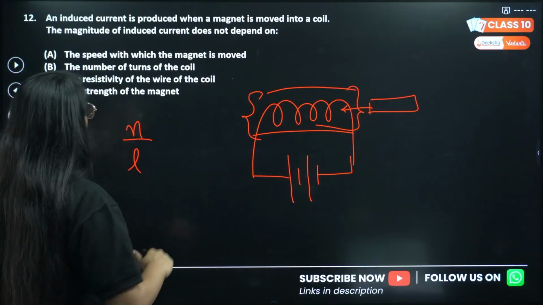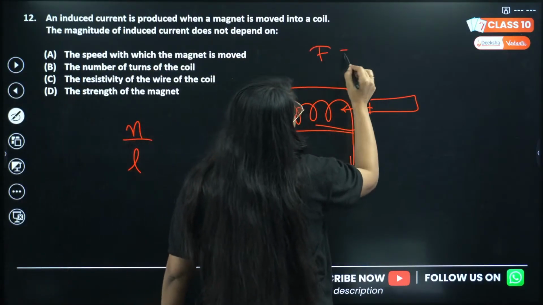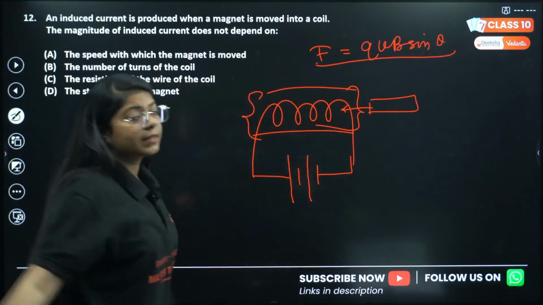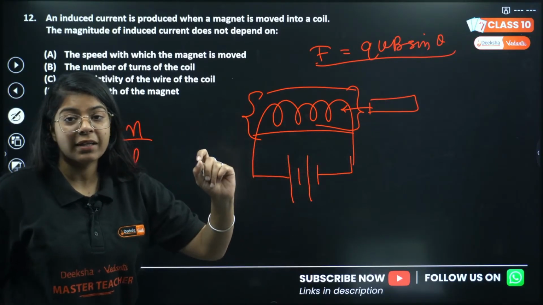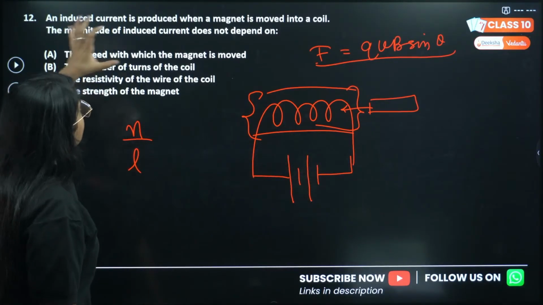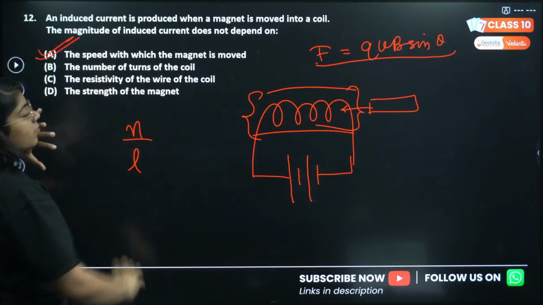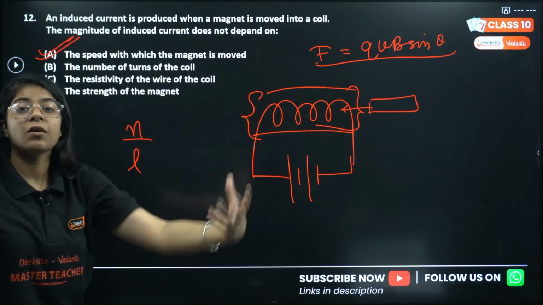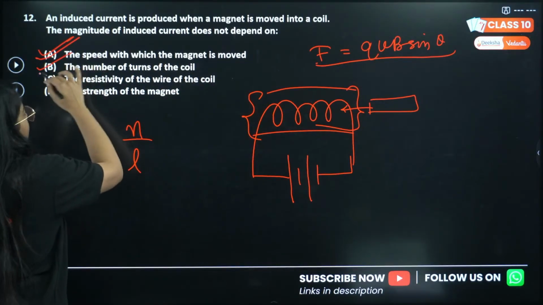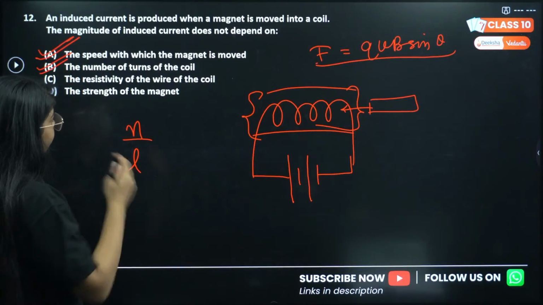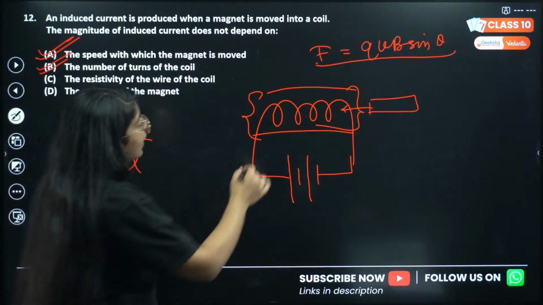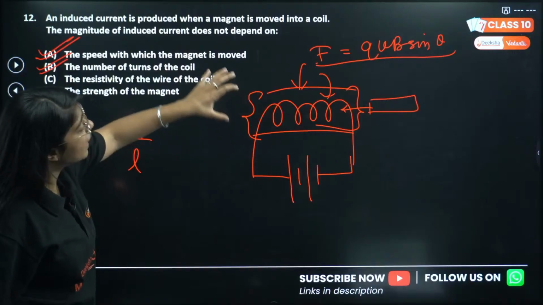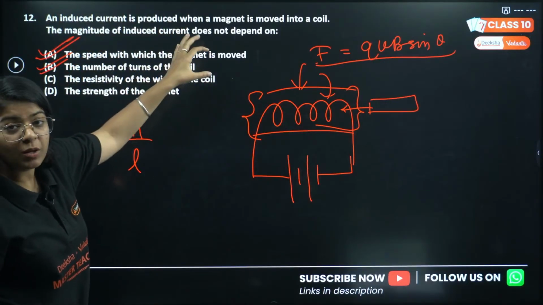Correct? So see, let's see from this formula, QVB sine theta, this is the force that is happening on that conductor due to the magnetic field. Correct? Now this depends on speed. Definitely, if the speed is more, the magnetic field experienced by it will be more. Then the number of turns we know is very important. Correct? So the current that is being induced definitely depends on the speed with which the magnet is moving.